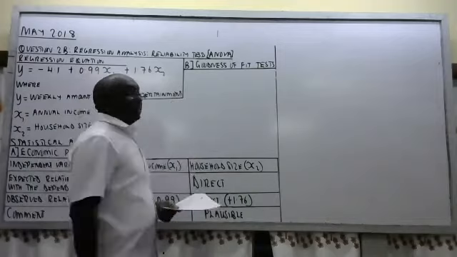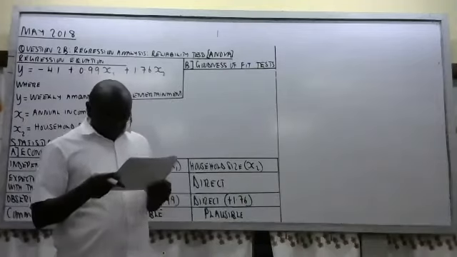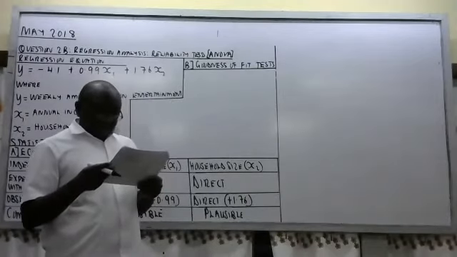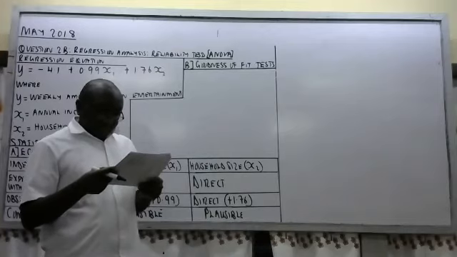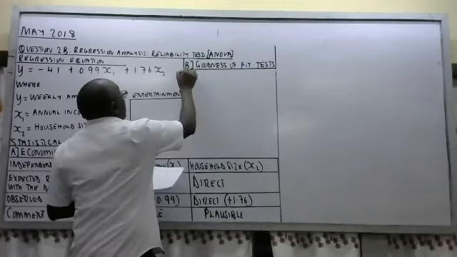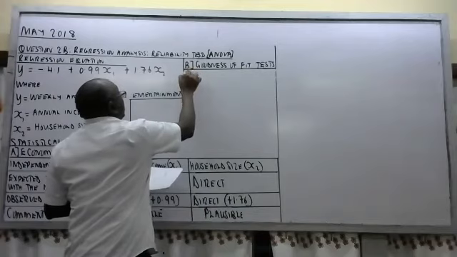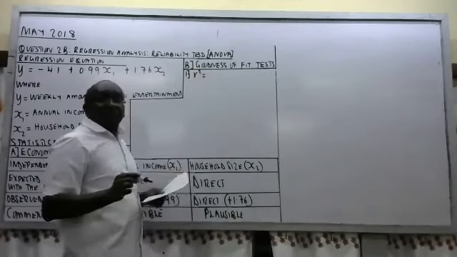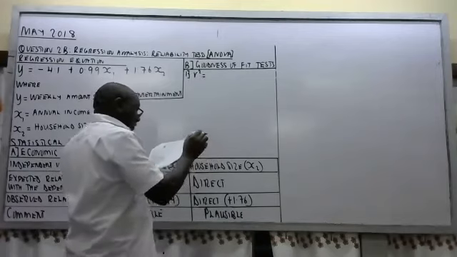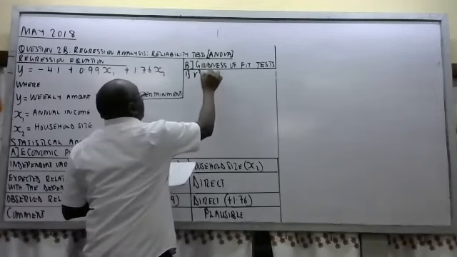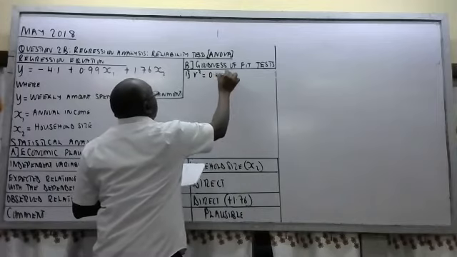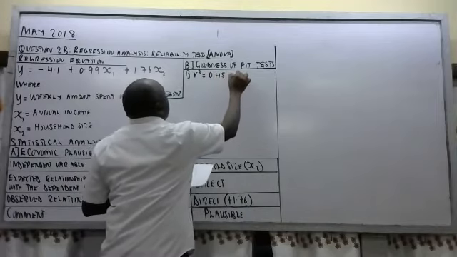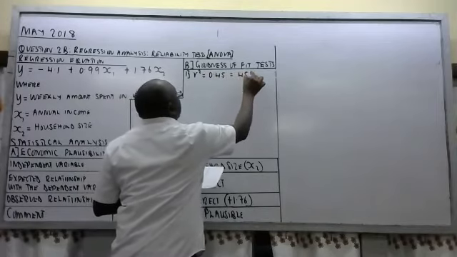Number 1 is R square. So you can see we are given R square. R square, we can see it is 0.45, which is 45%.